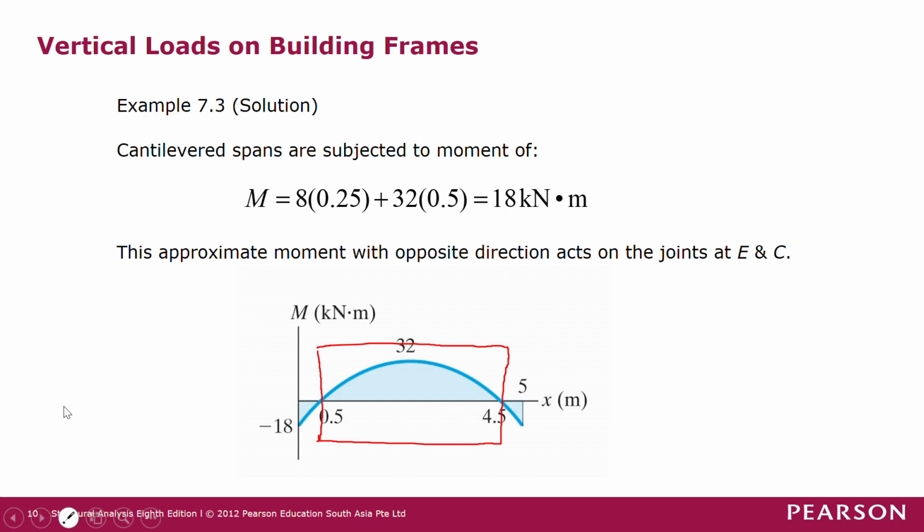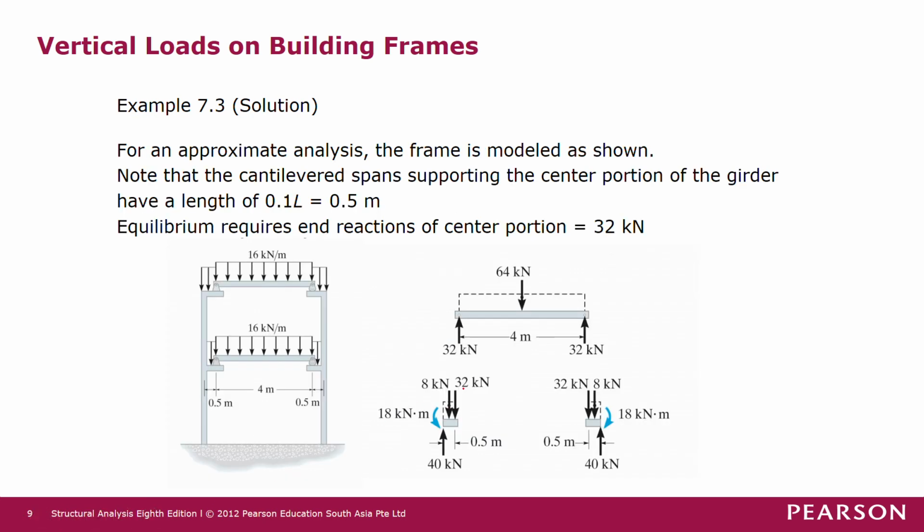And then this part of the bending moment diagram comes from here. Okay, so this is a cantilever of 0.5 meters, and then the moment reaction here is 0. Okay, so let me magnify this.